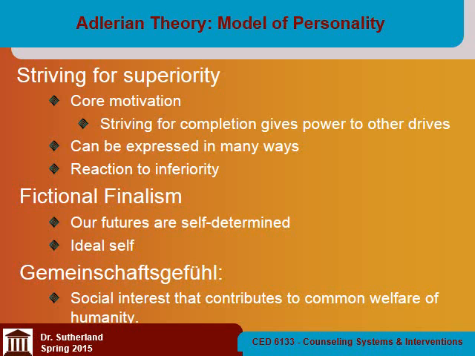Another concept within Adlerian theory involves our being finite beings. The reality in that is that we are never wise enough or powerful enough or fast enough to handle all of life's contingencies, and that is at the root of inferiorities.